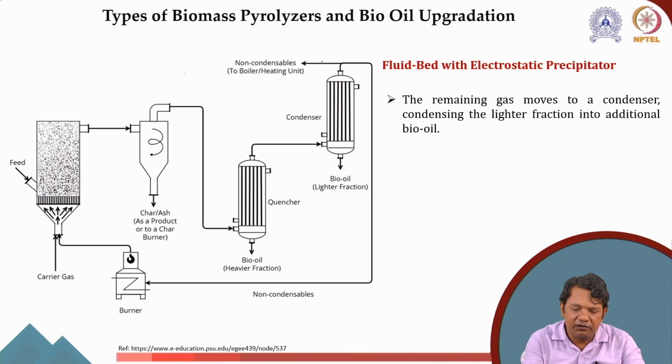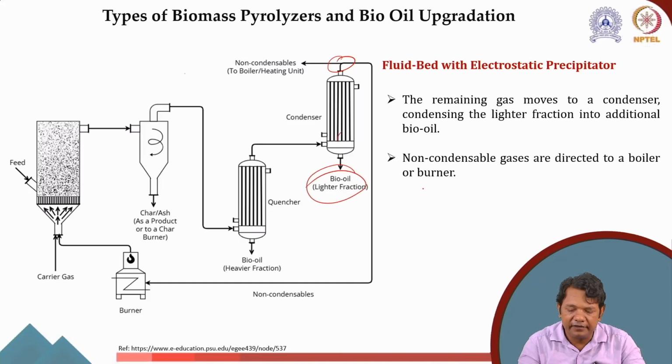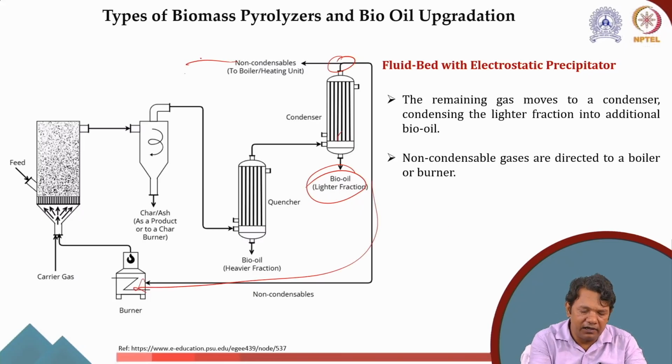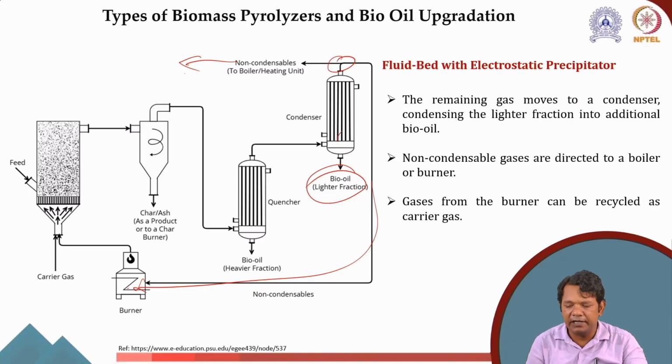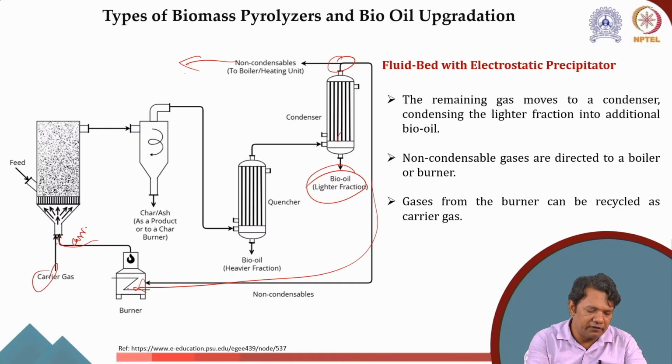After that, the remaining gas is moved to a condenser where we get the lighter fraction, as I said. Then non-condensable gases are directed either to a boiler or to a burner, and it provides heat that can be recycled as carrier gas. Instead of this, we can use this as carrier gas.